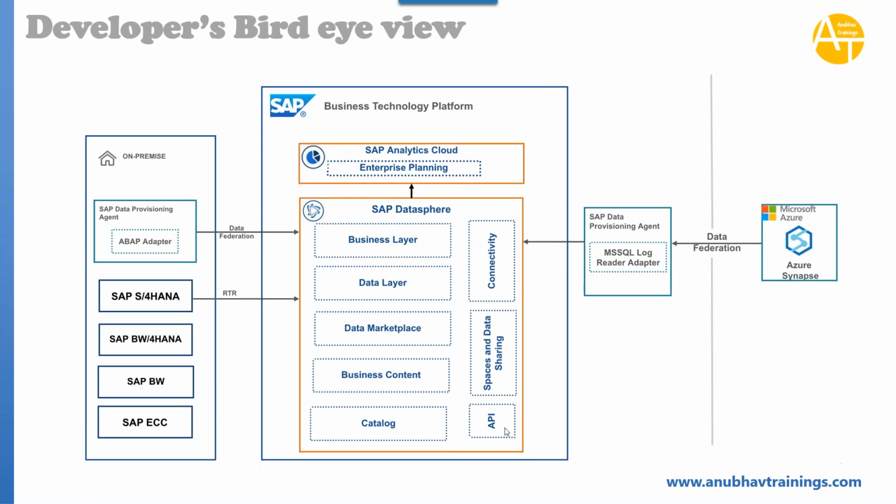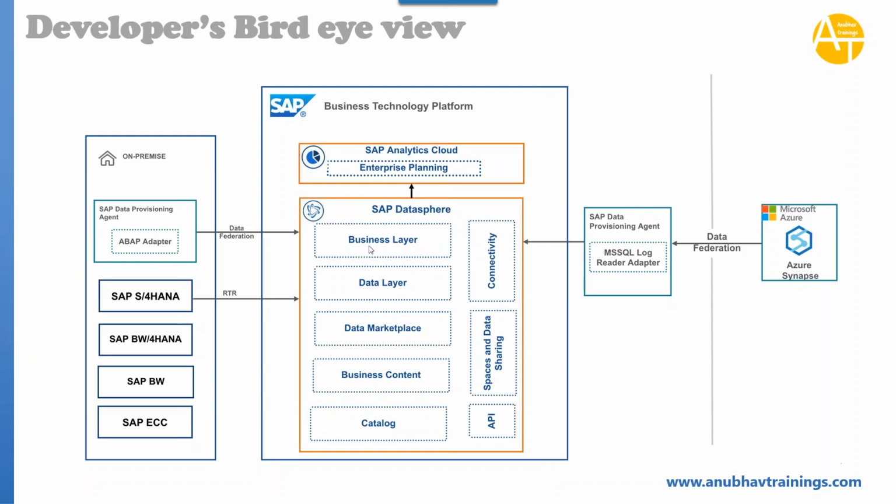You can leverage the APIs, you can reuse the sharing of data across spaces, and you can also have connectivity with third party tools. For example, Microsoft Azure can act like a third party tool, and then you can use data provisioning agents to migrate this data to SAP Datasphere.